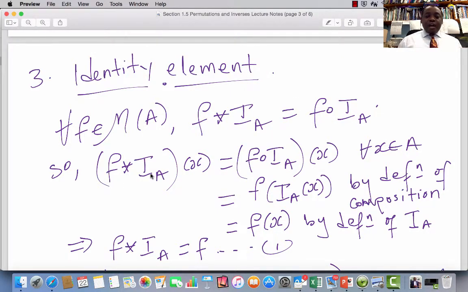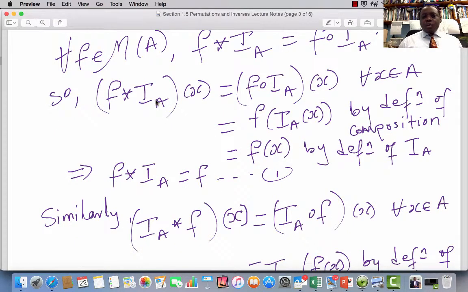So F star IA of X is the same as F composed with IA by the definition of star. And this is the same as F of IA of X by the definition of composition. But what is IA of X? Since IA is the identity map, this is simply equal to F of X. That is by the definition of IA.